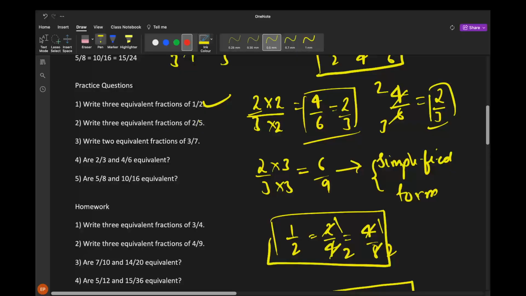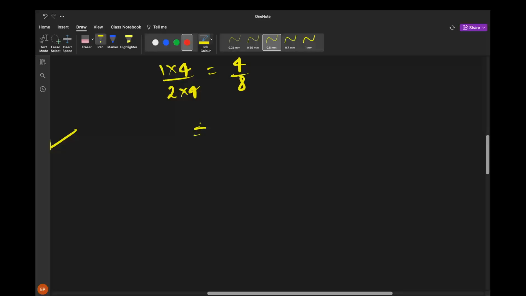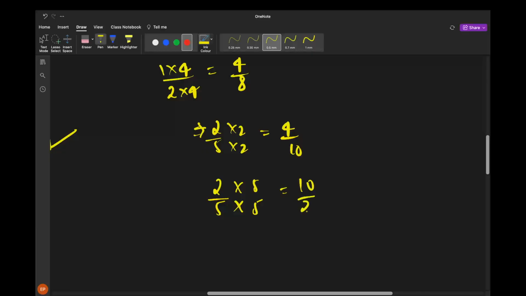Now 3 equivalent fractions for 2 by 5. Multiply by 2: 2 twos are 4, 5 twos are 10. Multiply both numerator and denominator by any number. Let me take 5 only. 2 fives are 10, 5 fives are 25. 2 into 6 divided by 5 into 6 gives 12 by 30.